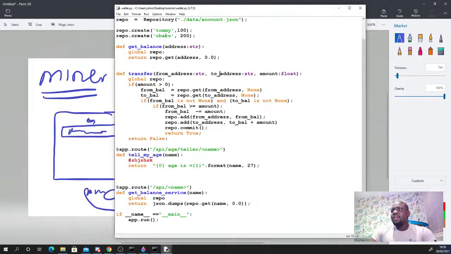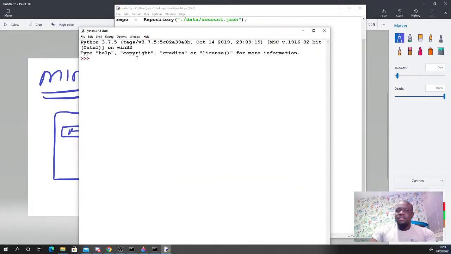If I have a content, let me say the content is "I am Barrow", I can hash this value. In Python, there is a library called hashlib, so I can hash it. Bitcoin itself uses this particular hash.